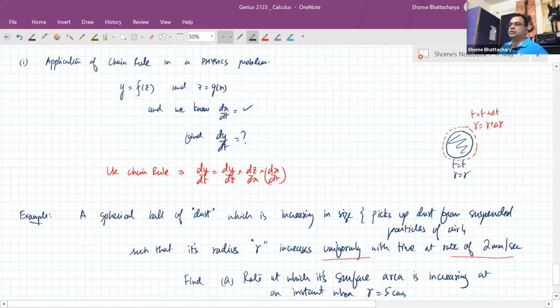So we'll be applying this concept over here, that surface area is a function of radius and radius is changing with respect to time. Think of surface area like one variable S. S is a function of r and r itself is changing with respect to time.